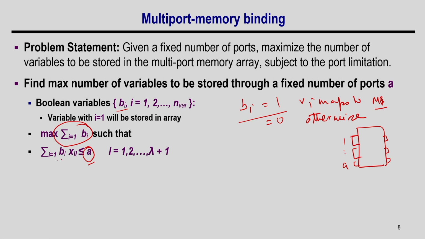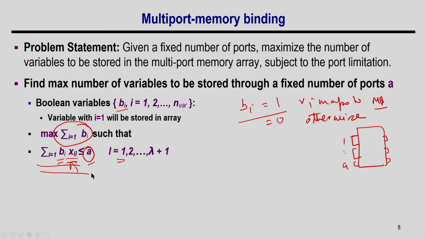This bi is for the variable, whether it is mapped to this memory bank, and this xi will tell whether the corresponding operation is accessing it in the timestamp or not. So, this says for each timestamp L, among the variables that are accessed, only a number of variables can be mapped to this memory bank. This is the constraint.